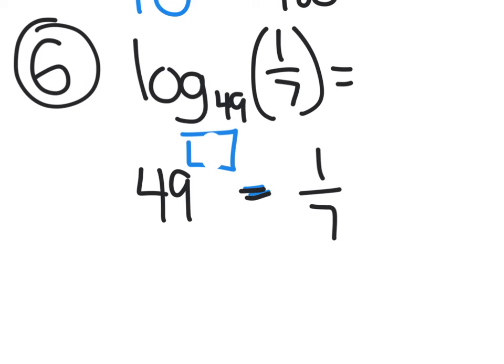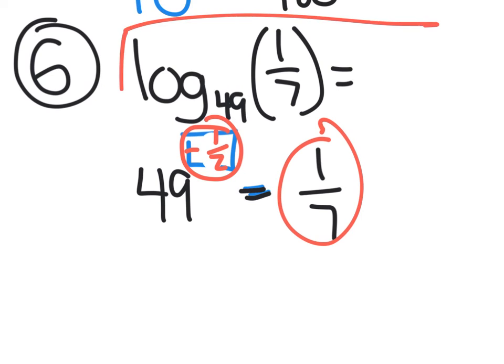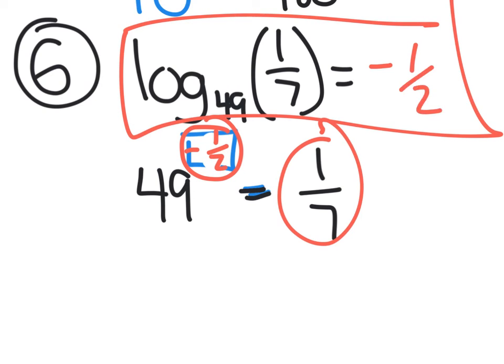So what kind of power are we going to use to represent a square root? 1/2, that's right. So 49 to the half will give us 7, not 1/7. So you need to put a negative in front of that 1/2. 49 to the negative half will actually give you 1/7. So the answer to the original one is -1/2, because 49 to the -1/2 power gives you 1/7 as an answer.